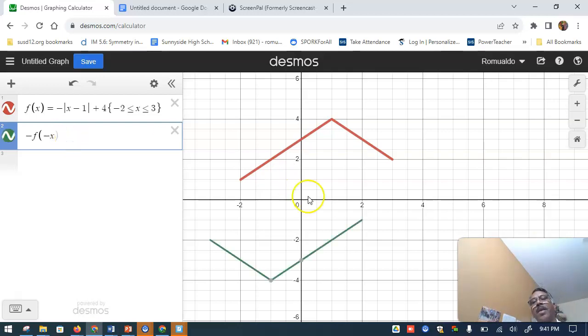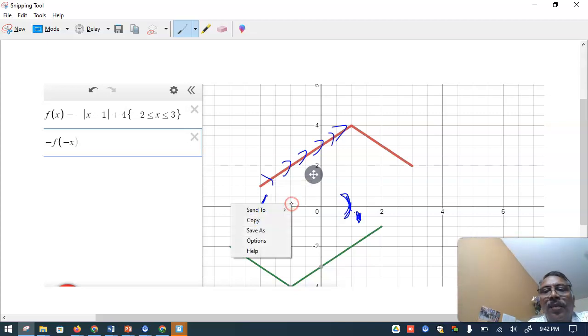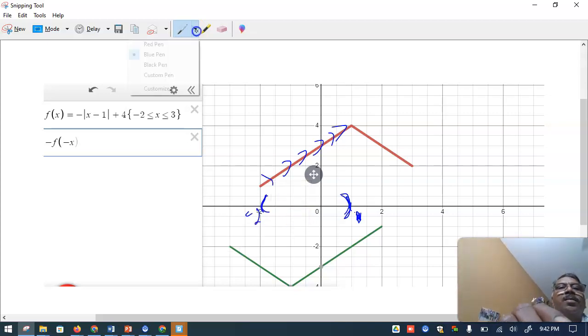Then you can see what's happening with the graph. Okay, let's check. So originally the graph was increasing till 1, right? That's where it was increasing, okay? So -2 to 1, it was increasing. Now the same part is increasing, let me use a different color.